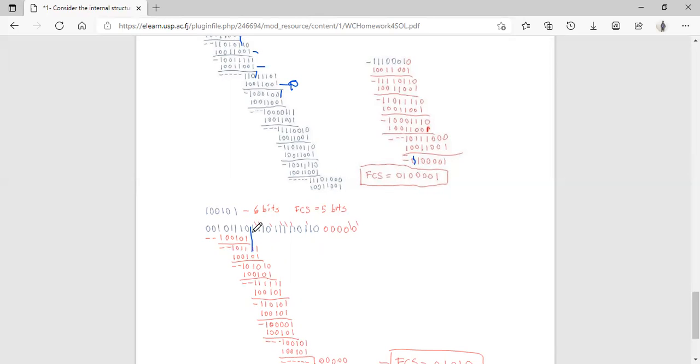We carry the next two digits after this. We stopped our sequence over here. The next two bits are 1 and 1. We carry those 2 down. So we stop at this particular point.